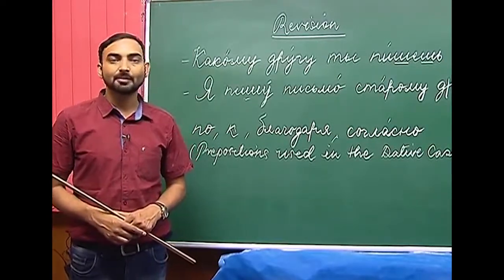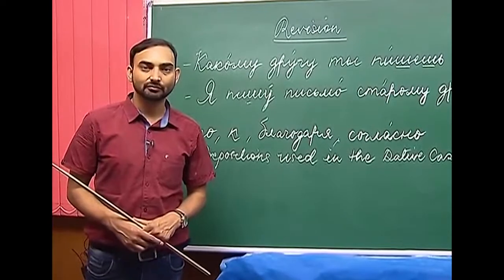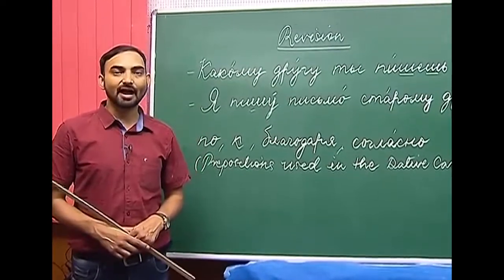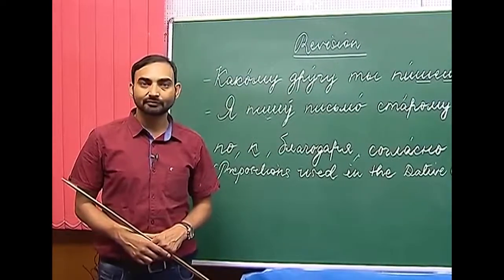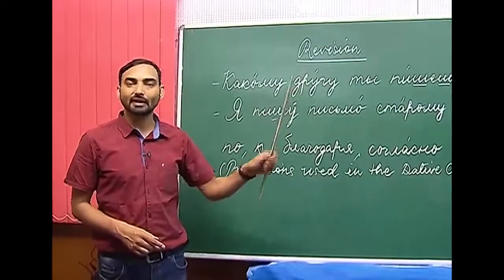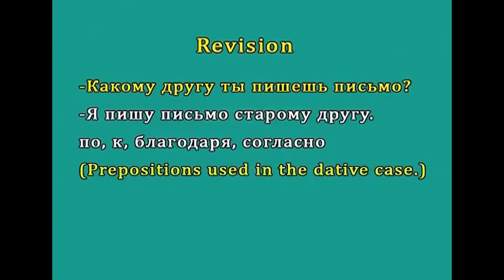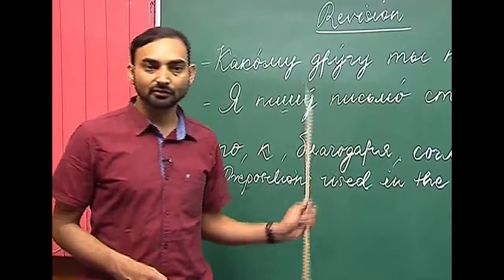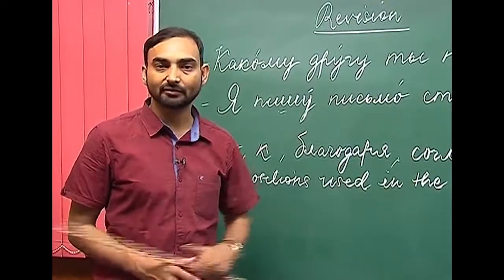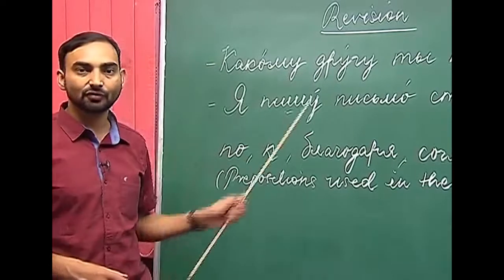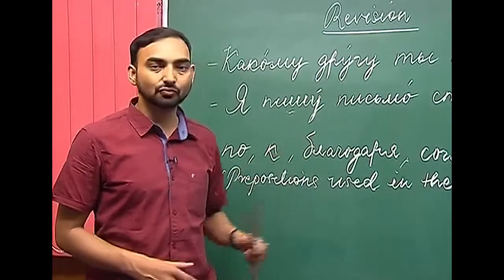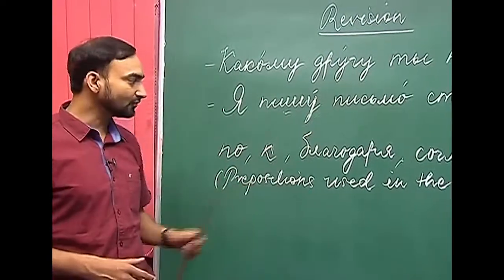For example, pavsimu miru, across the world, per raznim stranam, across different countries. Ka denotes the movement towards somebody or something. Kastalu towards the table, televizoru towards the television, kudrugu to the friend, and so on.